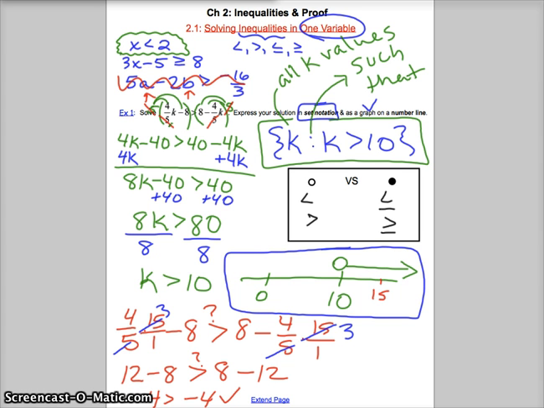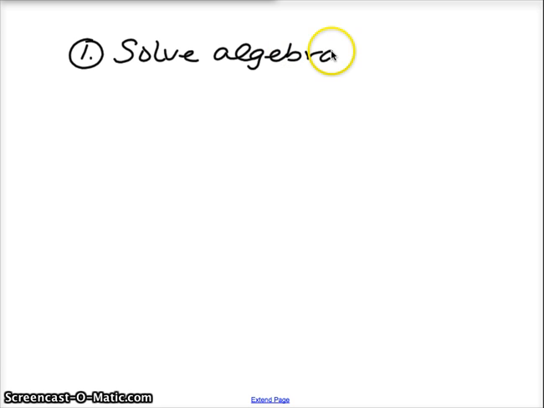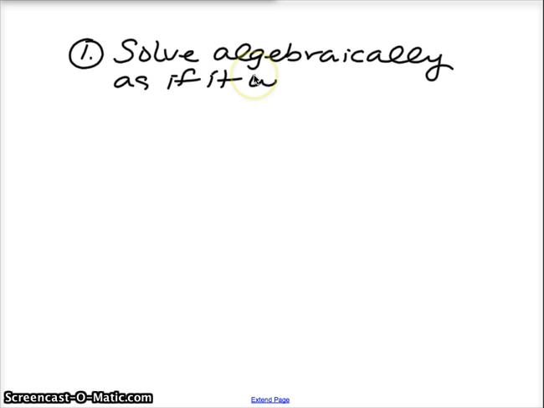All right, we're going to make very quick notes here. You've got 3 steps. I'm going to add a new page, and I want you to find space in your notes to write the steps to solving inequalities. Number 1, you're going to solve algebraically as if it were an equality.